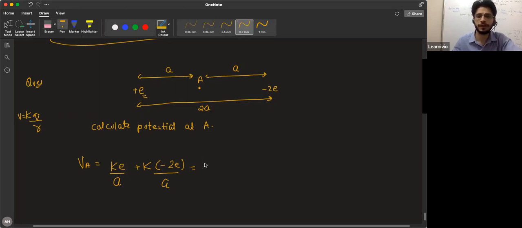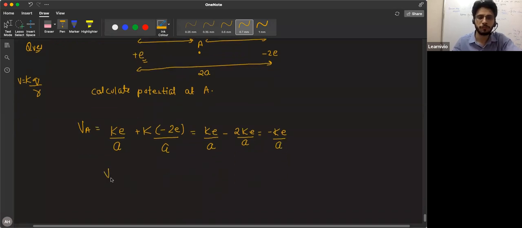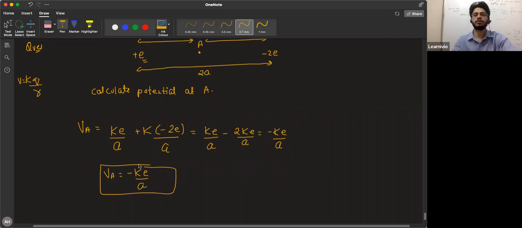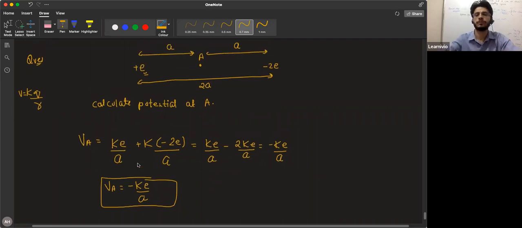So it's KE by A minus 2KE by A, which is minus KE by A. This is the value of potential at the point. Note it down.